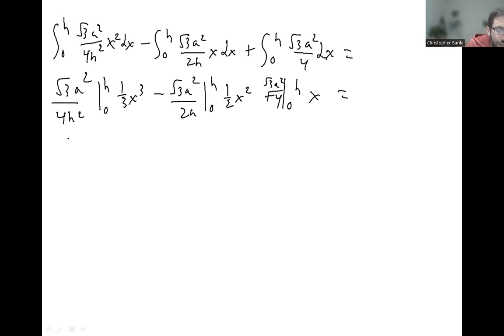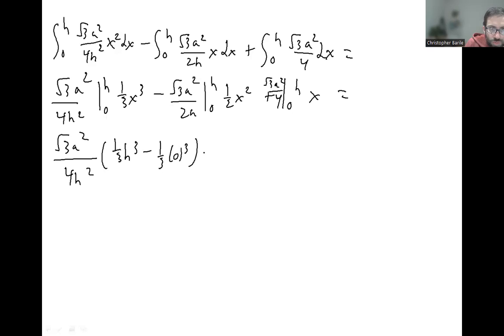And so now, all of our hard work starts to pay off. We've got 1/3 h cubed minus 1/3 times 0 cubed, which of course is 0.